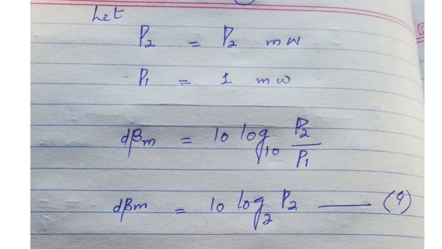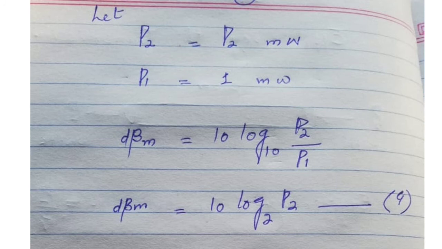So the dBm value of this ratio P2 by P1 will be equal to 10 log of P2 divided by P1. As P1 is 1, we don't represent 1 over here.